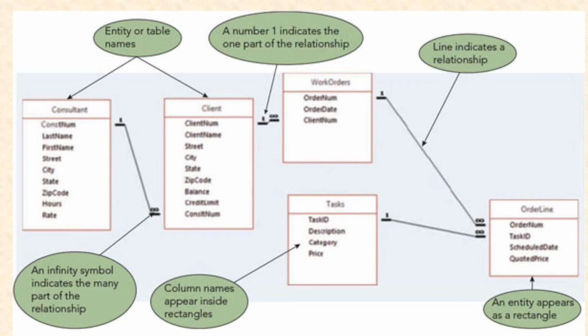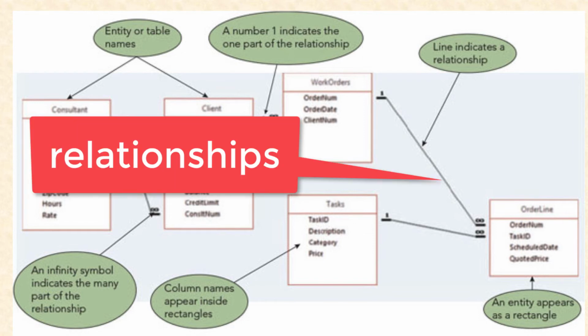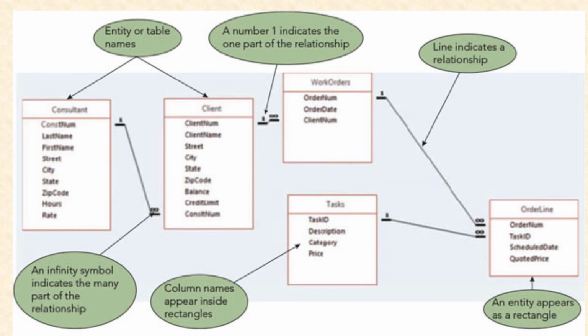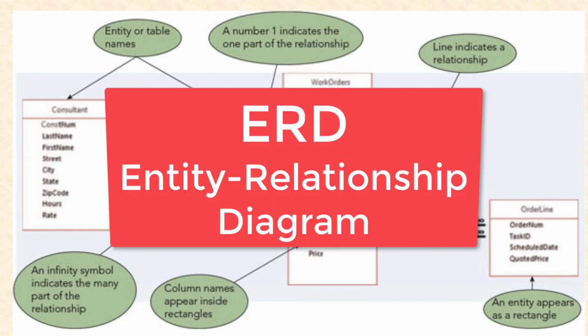They use lines to describe what's related to each other and where there's a one-to-many and a many-back-to-one relationship, and sometimes even a many-to-many relationship. That's all broken down in these diagrams. Before you'd even build a database, you'd probably sketch out a diagram like this and then build it up from here. And that's called an ERD, Entity Relationship Diagram.